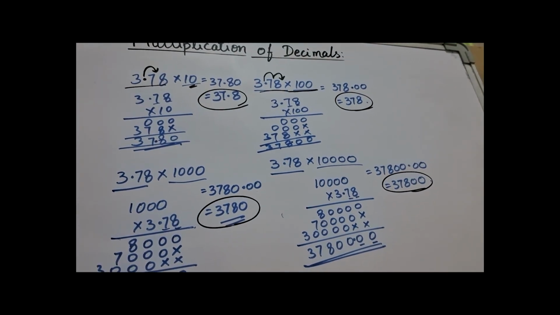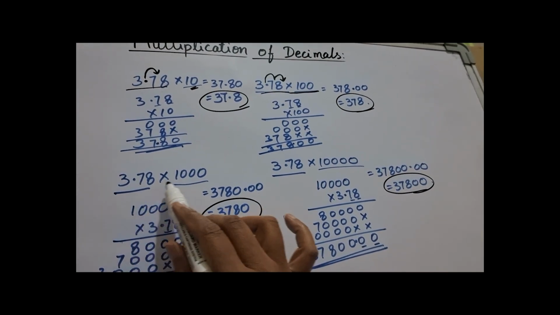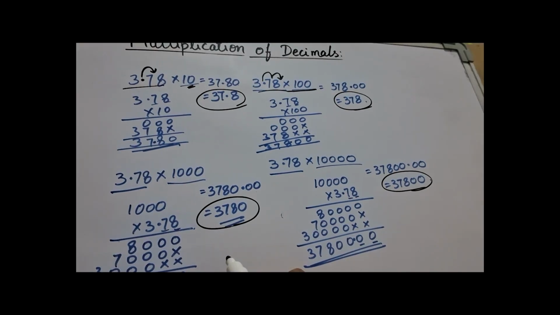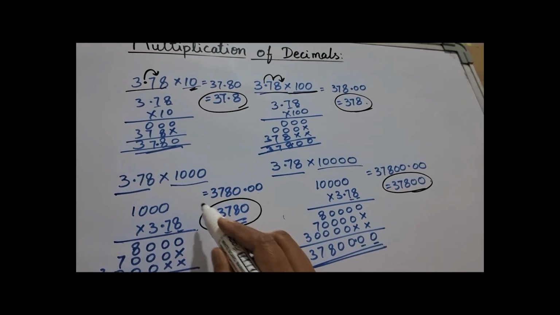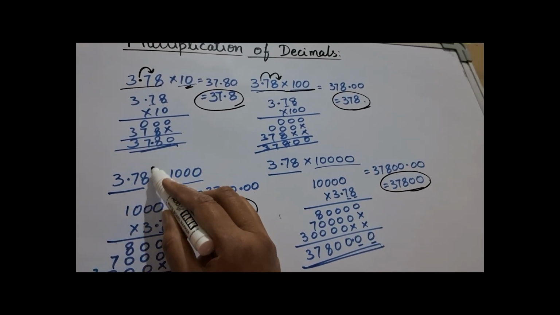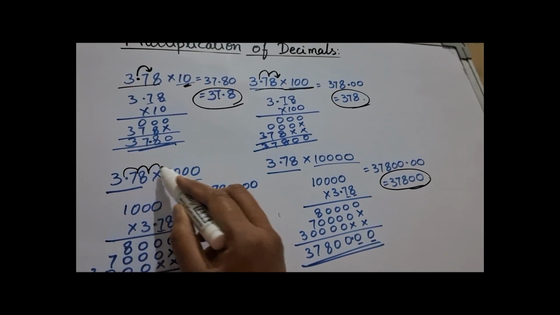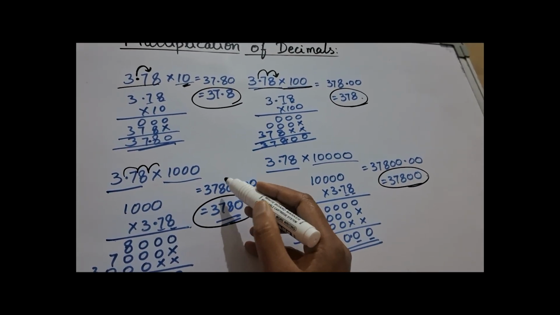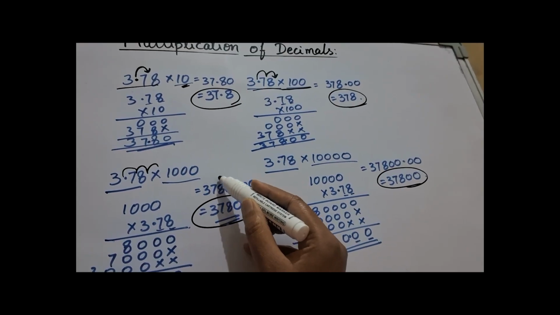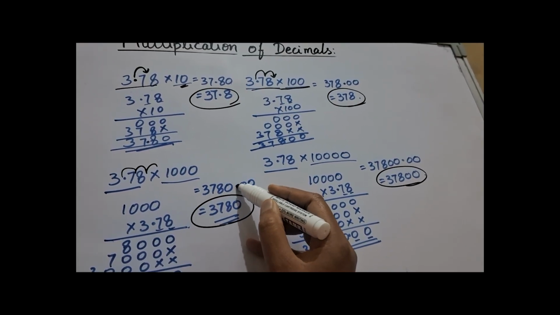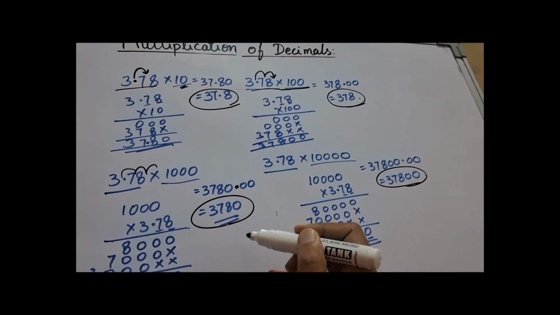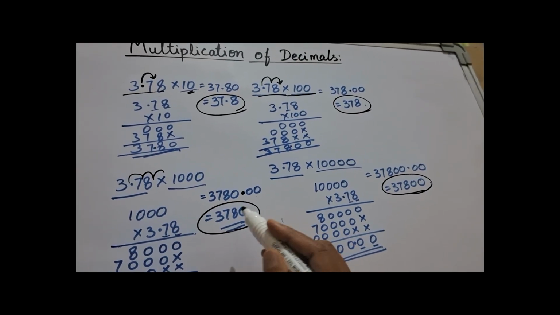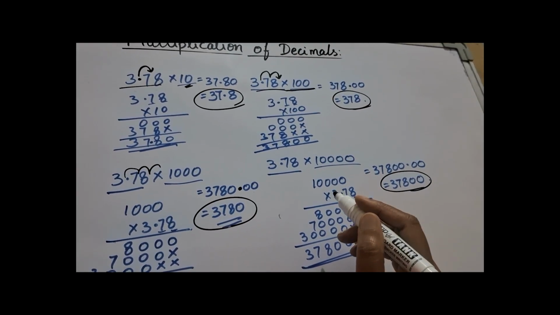Now here when we observe 3.78 when multiplied by 1000, then the point has moved right side 1, 2, 3. That means the point was moved 3 digits on the right side.